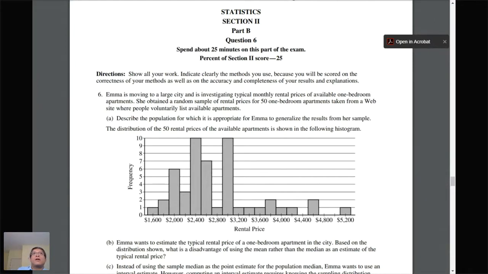The problem stem tells us that this is a random sample of rental prices for 50 one-bedroom apartments taken from a website where people voluntarily list available apartments. Then you're first asked to describe the population for which it is appropriate for Emma to generalize the results from her sample.